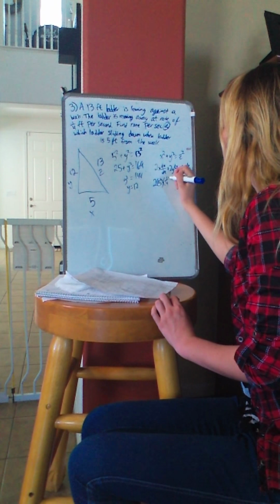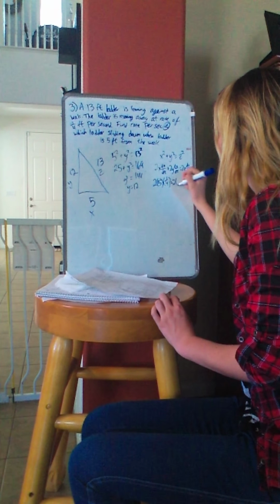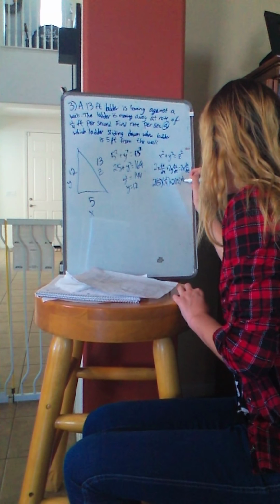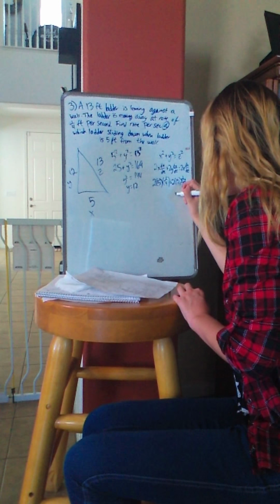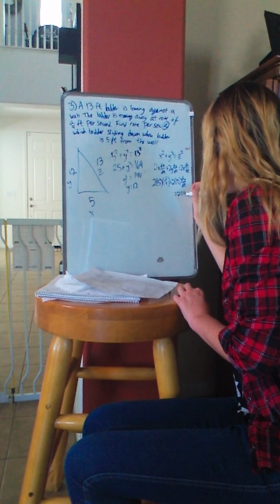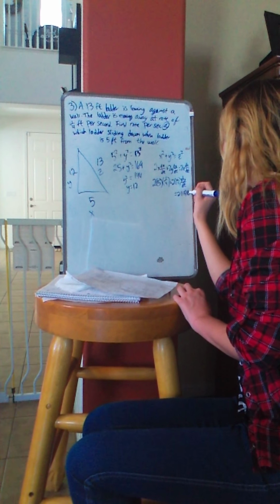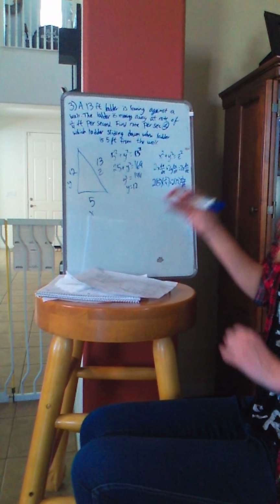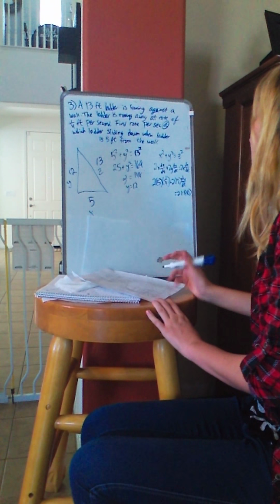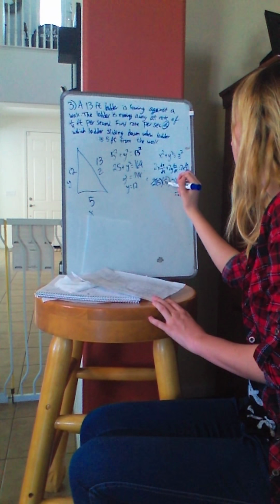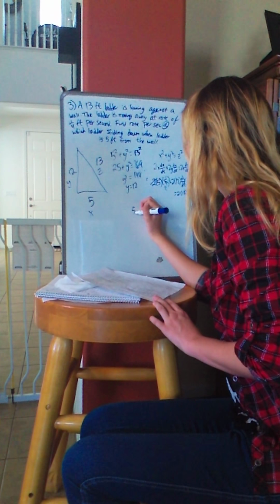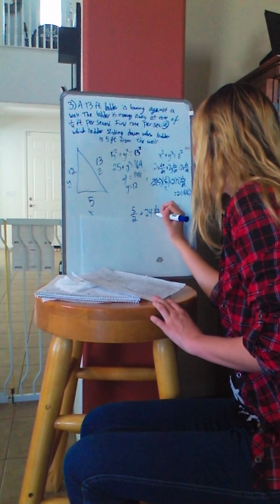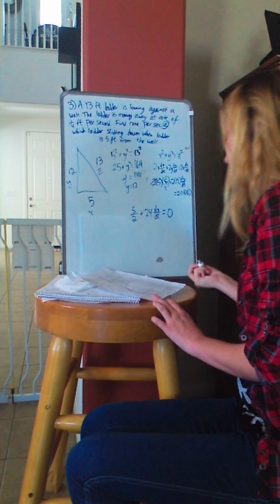So 1/4 plus 2 times 12 dy/dt, which would equal 13, which is z, times 0, because the dz/dt, the length of the ladder, doesn't change, so it's just going to be 0. And then it's going to be 5 halves plus 24 dy/dt equals 0.